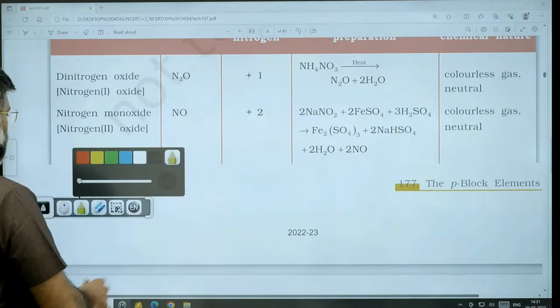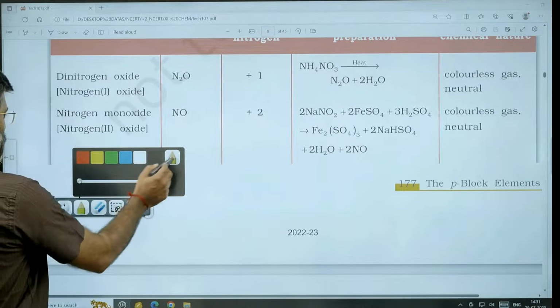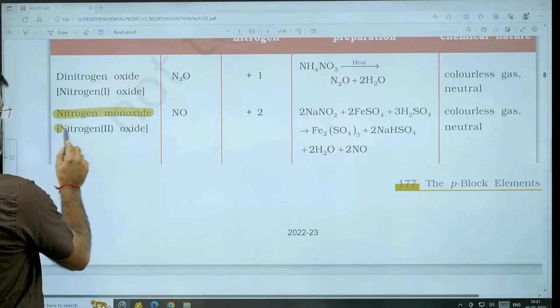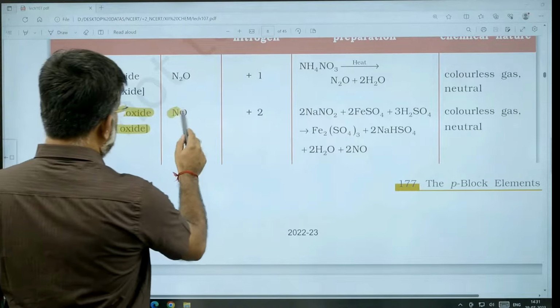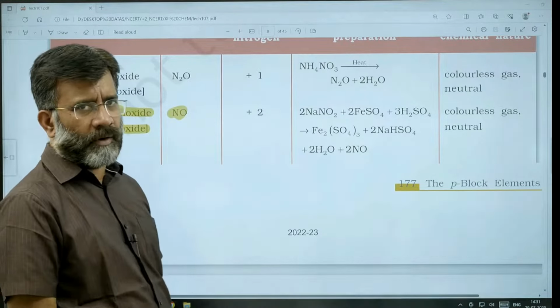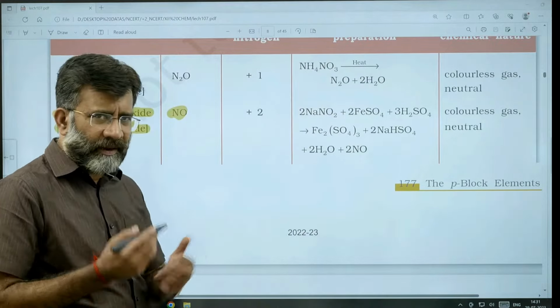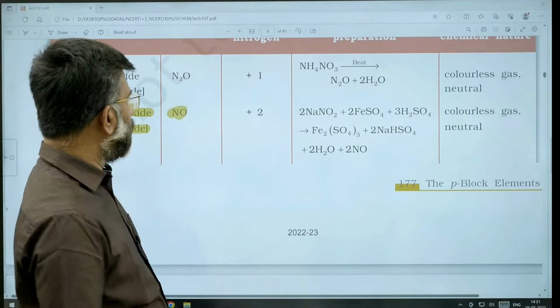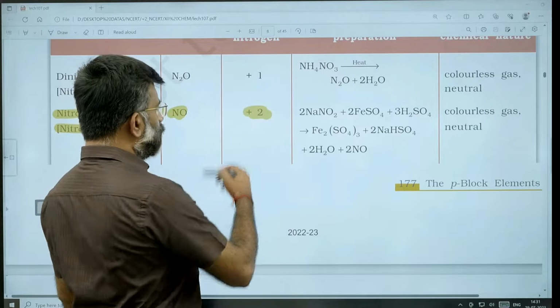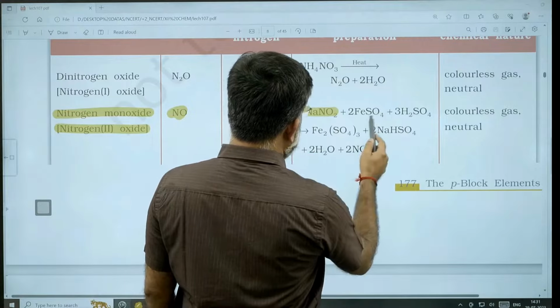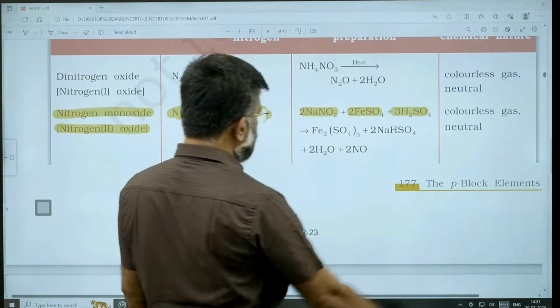Next is nitric oxide, called nitrogen monoxide. Nitrogen 2 oxide, also called nitric oxide. The most reactive oxide of nitrogen, nitric oxide, having +2 state, is obtained by reacting sodium nitrite with ferrous sulfate and sulfuric acid.